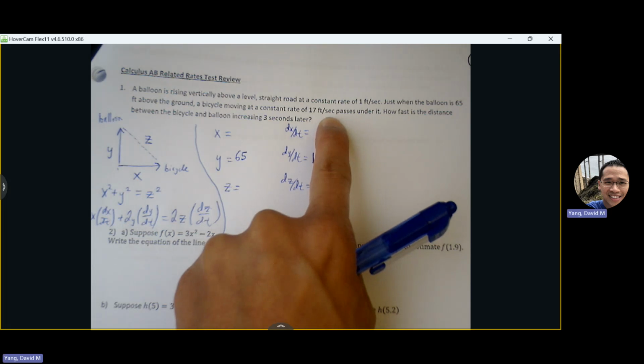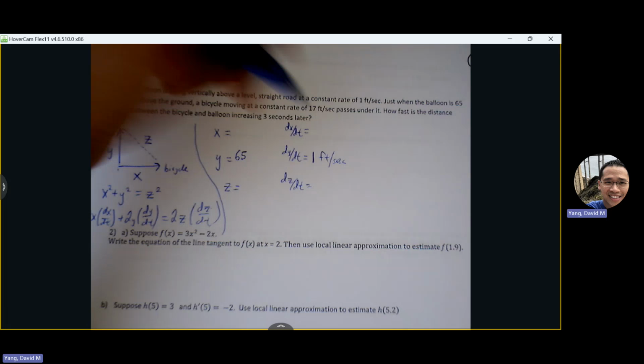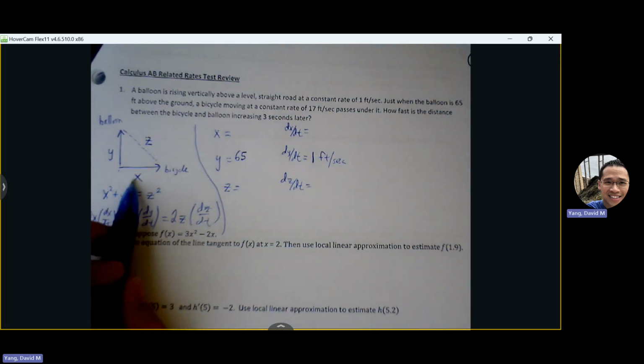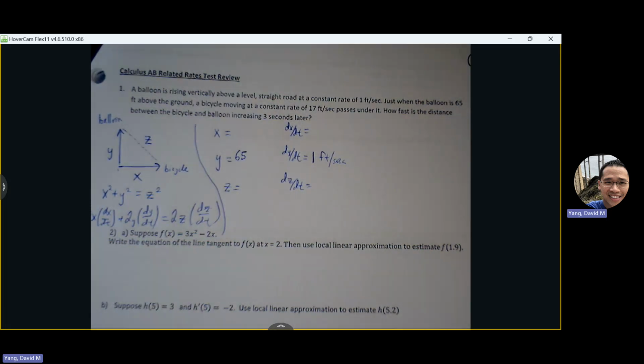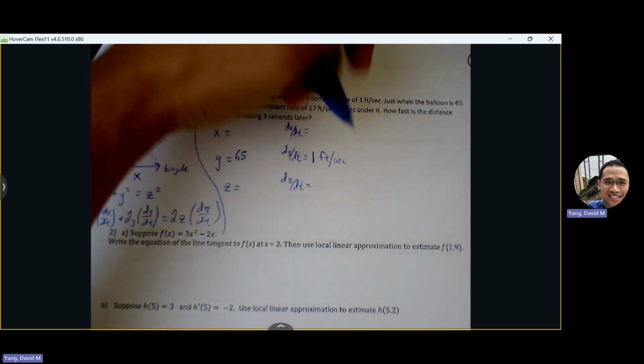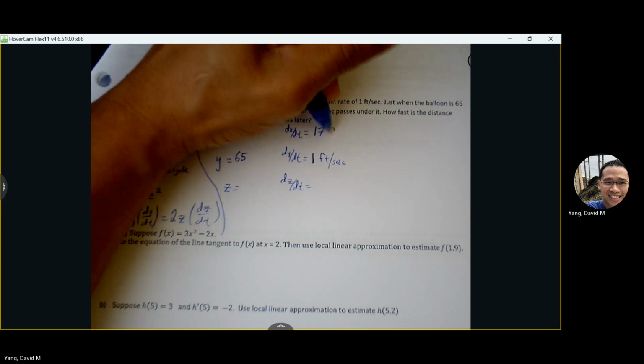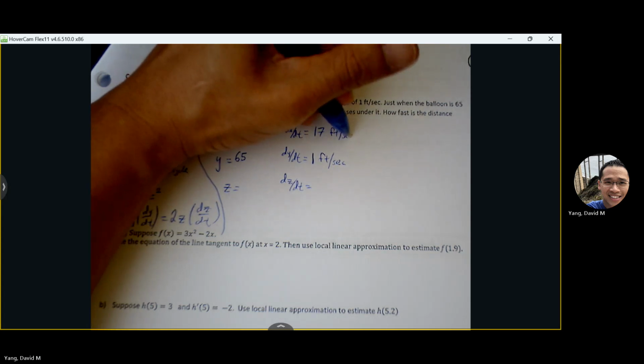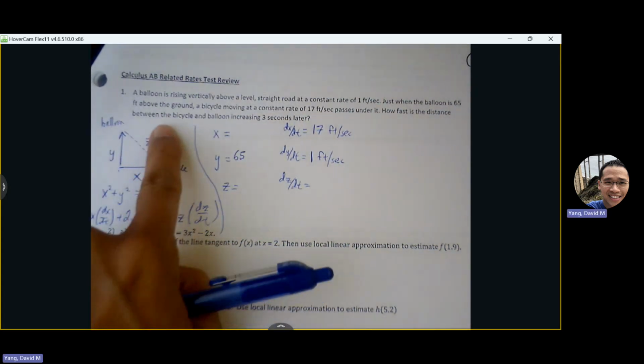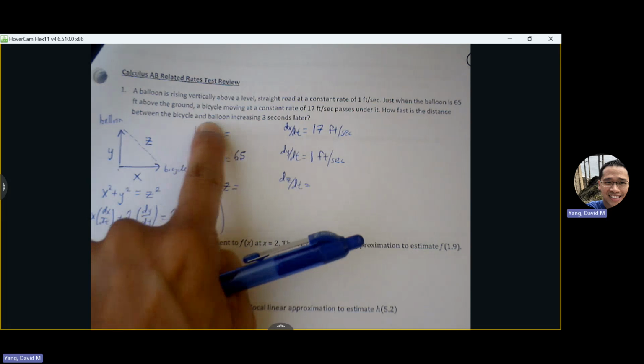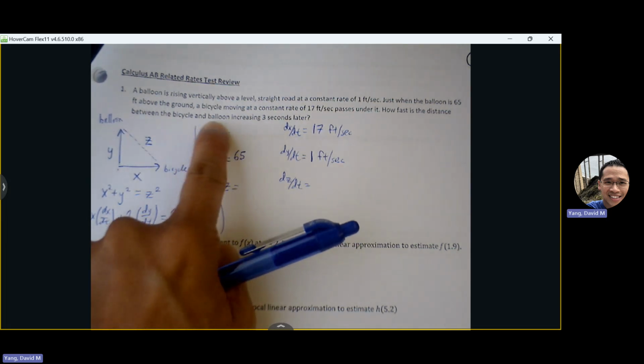What's 17 associated with? The dx/dt, okay. Positive as well, not because it's moving right, but we can expect that x value to continue to grow as time passes. Okay, so 17 feet per second. Right. How fast is the distance between the bicycle and the balloon increasing? What are we looking for?